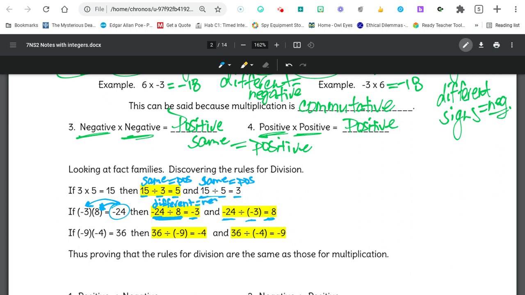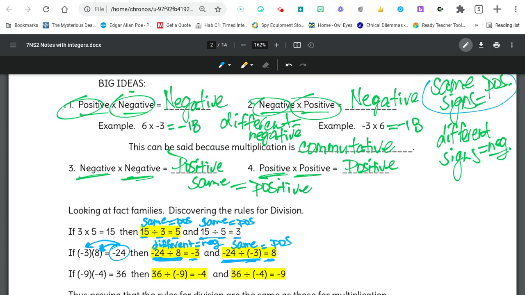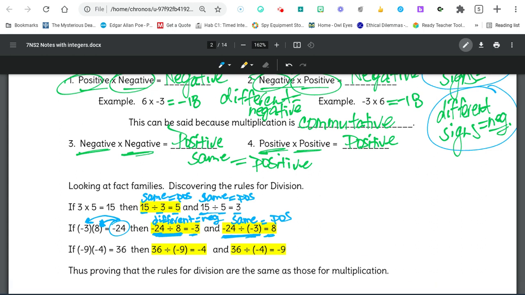My answer is negative. These numbers in my problem have the same sign though. They have the same sign. My answer is positive. So your rules for division are the same as the rules for multiplication. Same signs, you end up with a positive answer. Different signs, you'll end up with a negative answer.